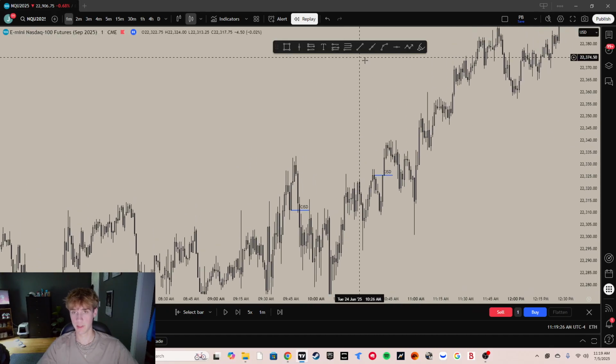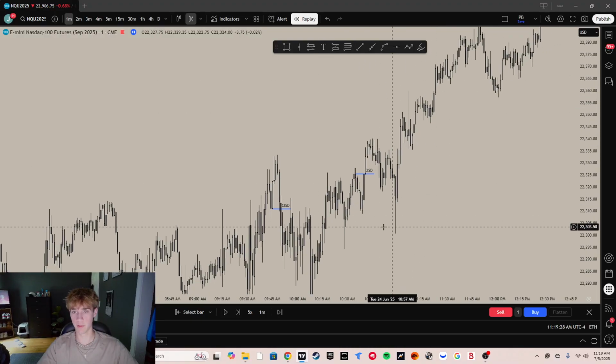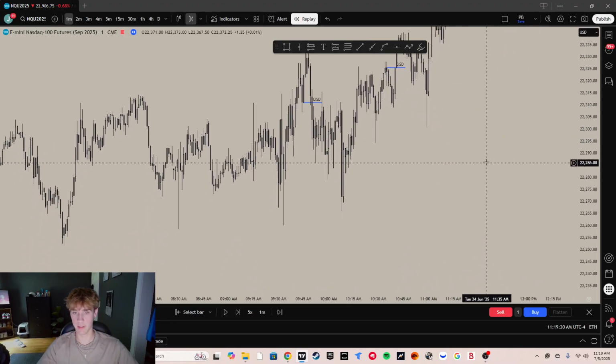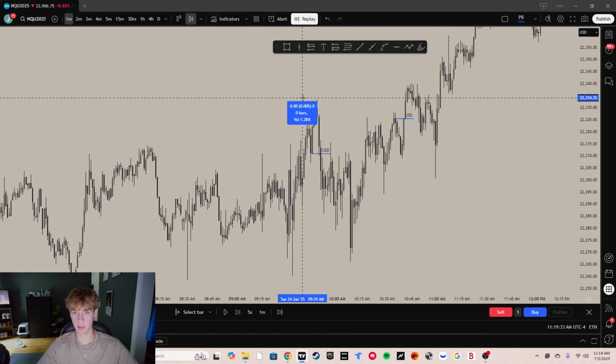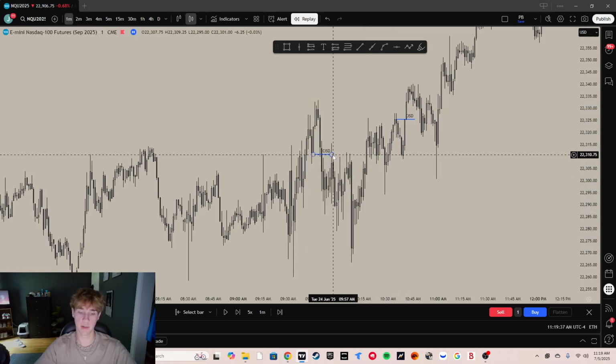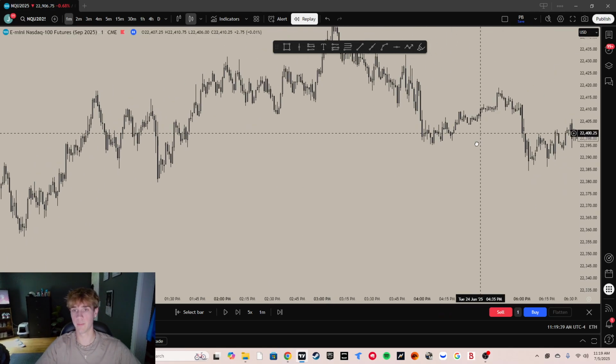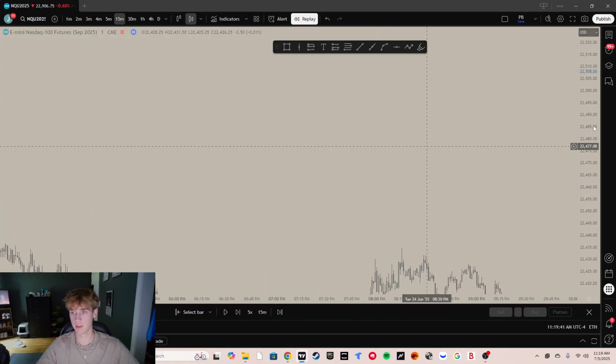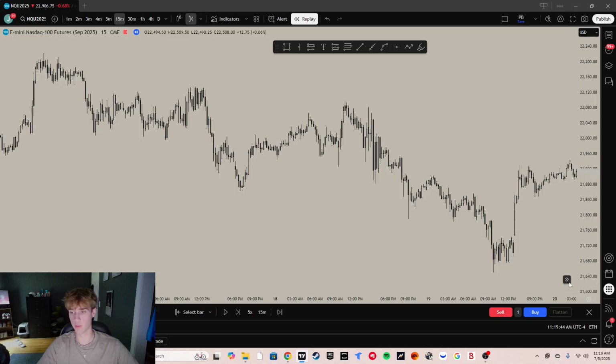And what did we do? We did come down and sweep the low, but overall we are moving higher. After this close below, we are moving downwards. And change in the state tells you which way the market wants to flow as a whole, and overall what you can expect.